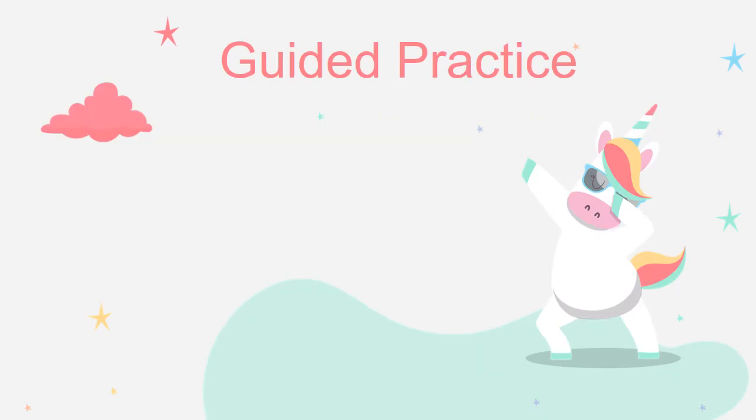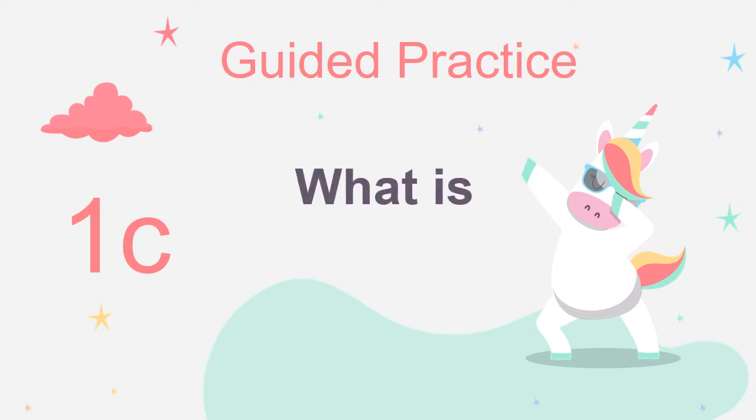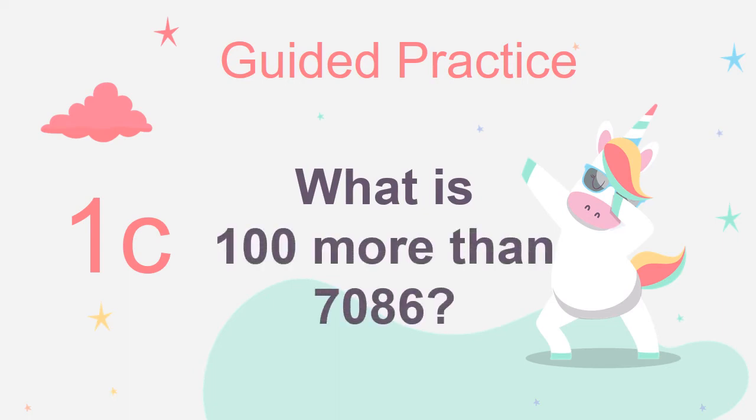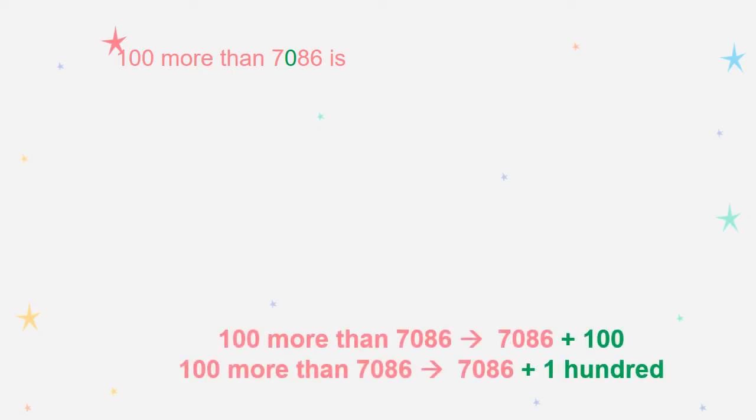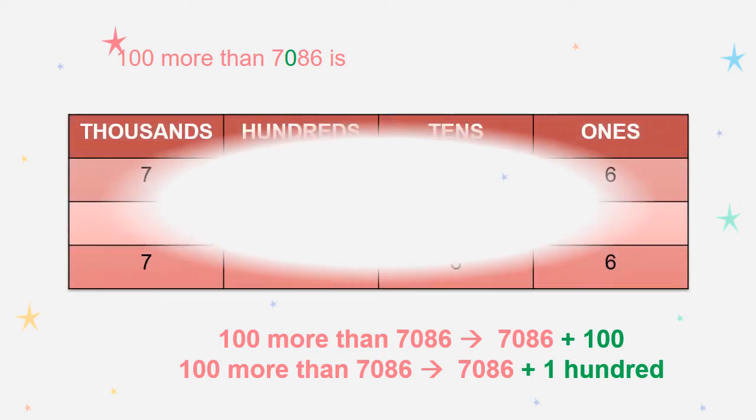Now we continue with guided practice 1C. What is 100 more than 7,086? So 100 more means plus 100. 7,086 plus 100. Look at the table again.